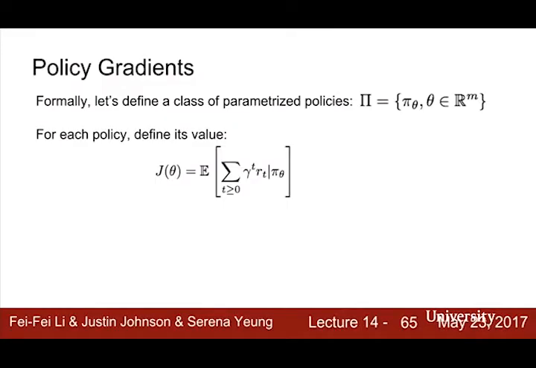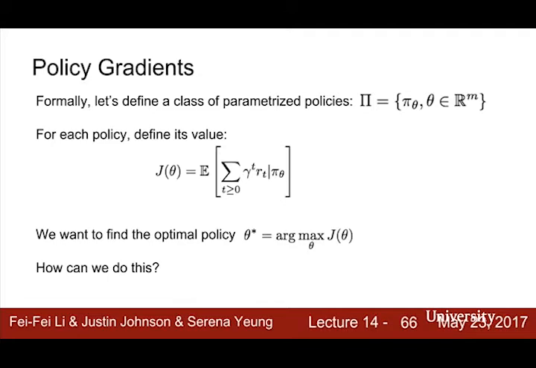So the same reward that we've been using. Our goal then, under this setup, is that we want to find an optimal policy, theta star, which is the argmax over theta of J of theta. So we want to find the policy parameters that give our best expected reward. So how can we do this? Any ideas?